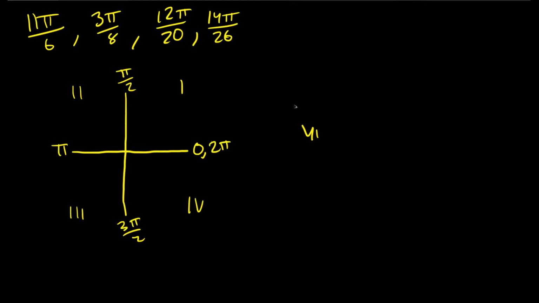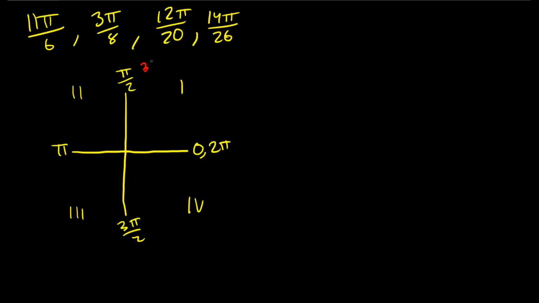Okay, and so the way that I normally do this to quickly figure out what quadrant any of these angles would be in is you want to convert these quadrantal angle markers, these staple angles on the y and x axis, to the same denominator as whatever angle you're trying to find. So let's say 11 pi over 6. Well, we know pi over 2, to get to the same common denominator, we need to multiply the top and bottom by 3.